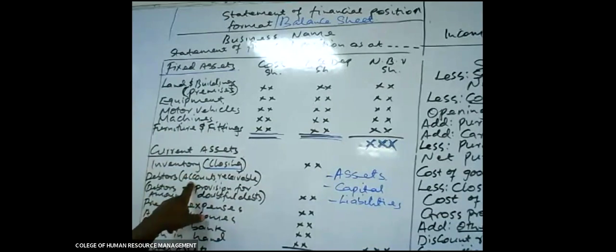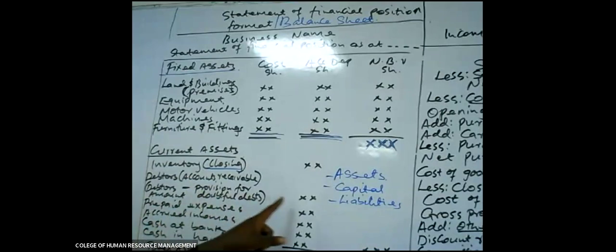The accounts receivables or debtors, and I have noted here, sometimes they require adjustment. So you take the debtors amount, you deduct the provision for doubtful debts, so that you can be able to know how much that you expect to receive. You minus what you might not receive, doubtful, from the debtors amount, which are actually your credit customers.